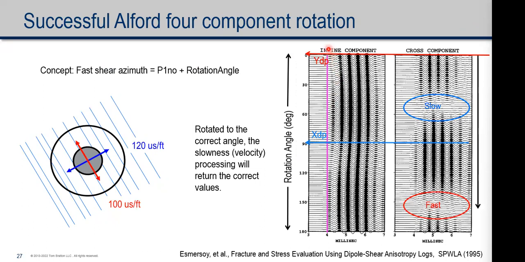And so what we do is, like I put in this purple line, I know this is fast because the first arrival comes in sooner than it does here. So you have to add additional information to determine whether this minimum in cross-line energy corresponds to the fast wave or to the slow wave.